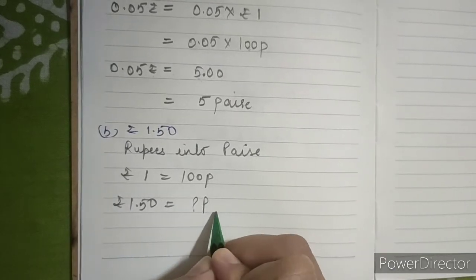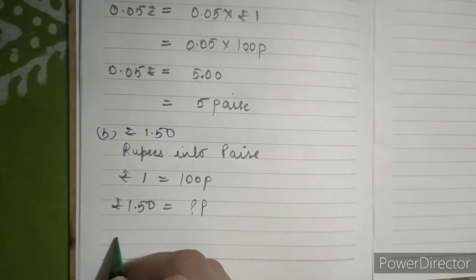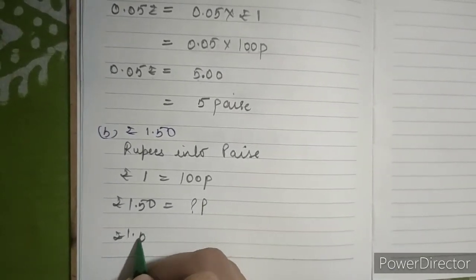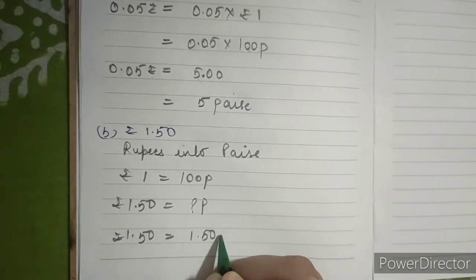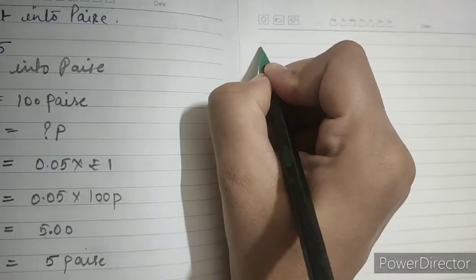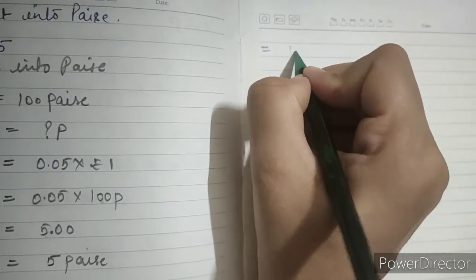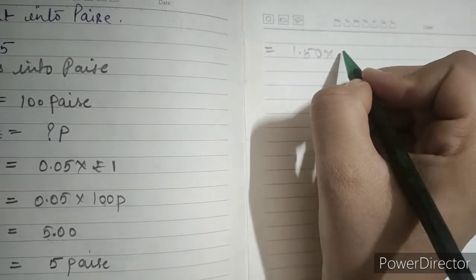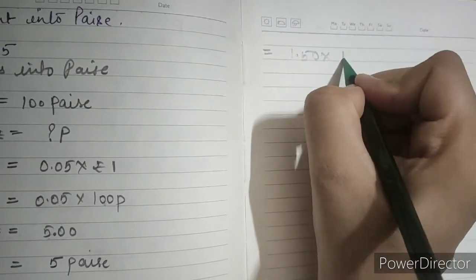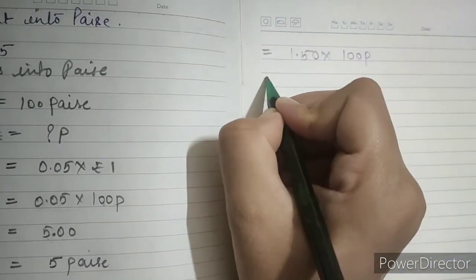We don't know, we have to convert it. So in the next step we will write rupees 1.50 equals 1.50 into 1 rupee, which we have written earlier. So 1 rupee is equal to 100 paise.